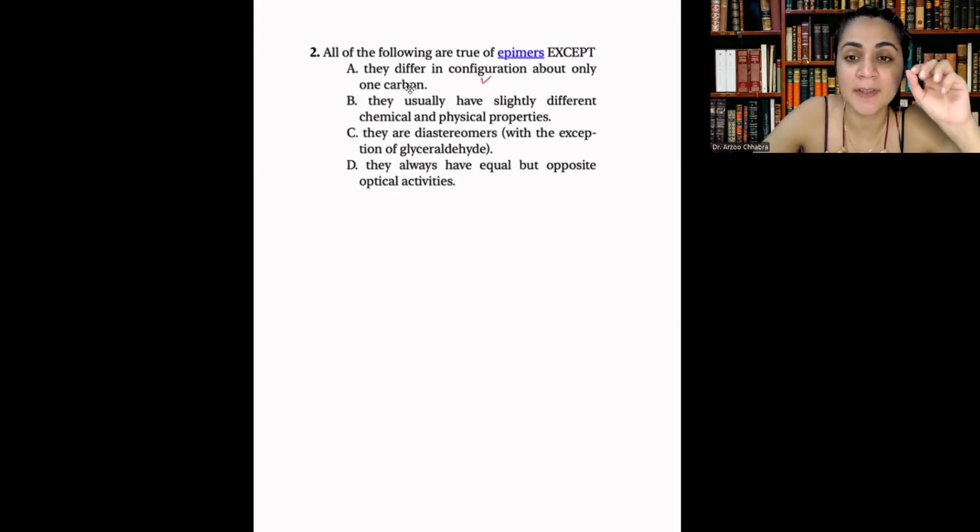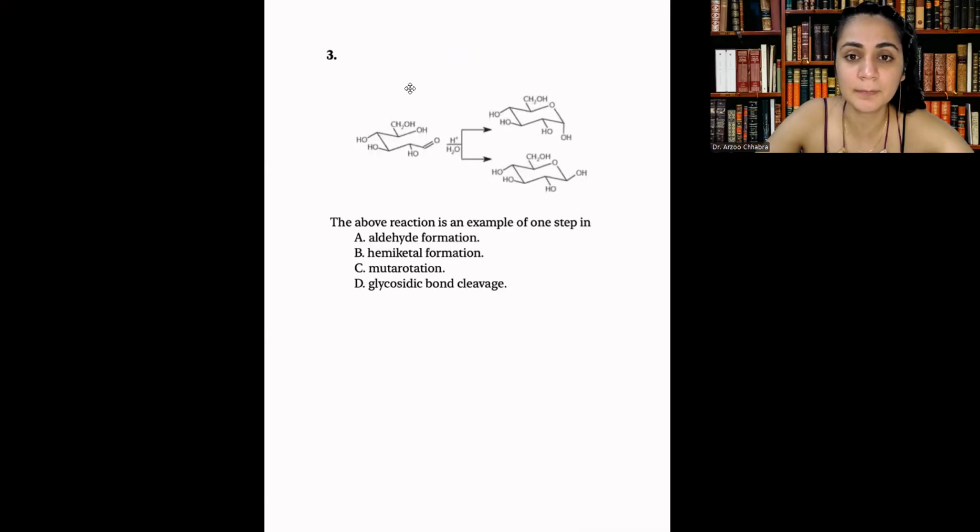They usually have slightly different chemical and physical properties, which is also true. They are diastereomers, with the exception of glyceraldehyde. They are diastereomers. They always have equal but opposite optical activities, which is not true because that is only true for enantiomers. So, and then because they're diastereomers, option D is the correct answer over here.